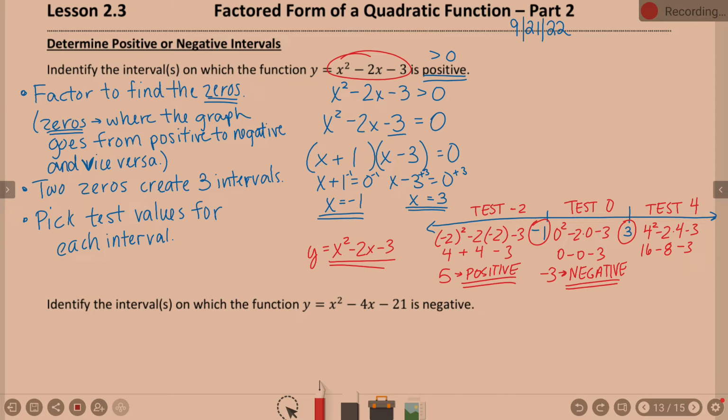Well, 16 minus 8 is 8. 8 minus 3 happens to be 5 again. What do we know about 5 that's important? It's positive.